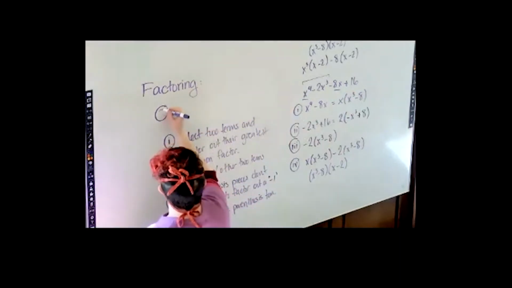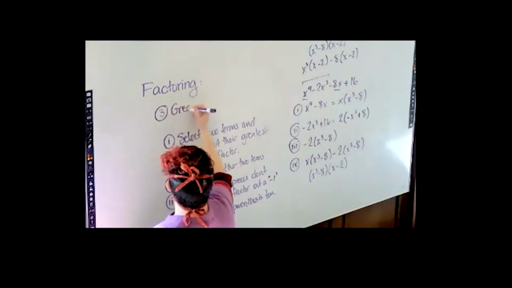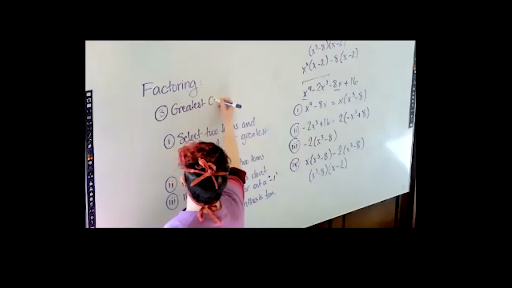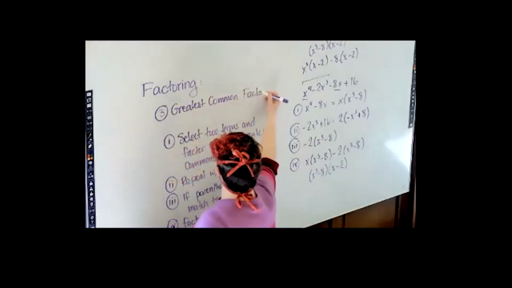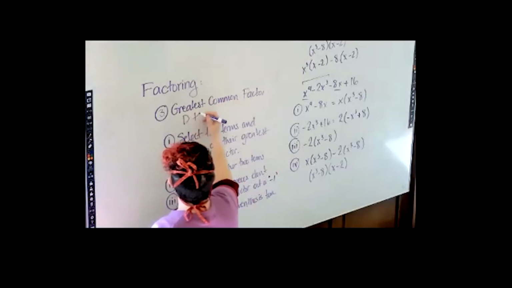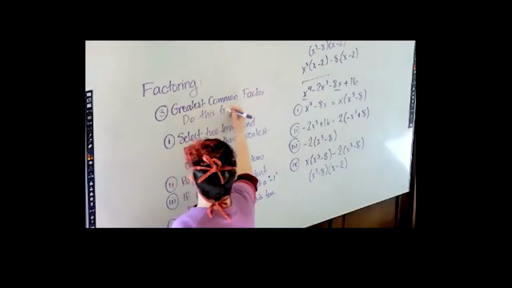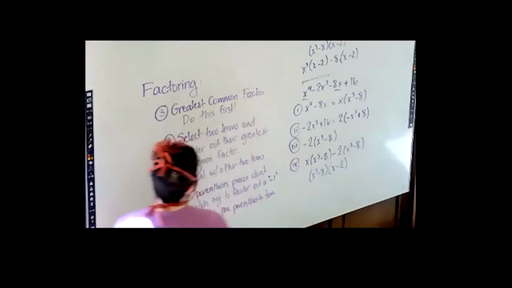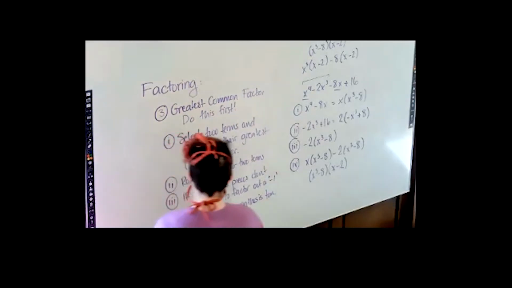Thing 3. This is not a procedure. This is just greatest common factor. Do this first. Do this first. That's thing 3. Do the greatest common factor first.